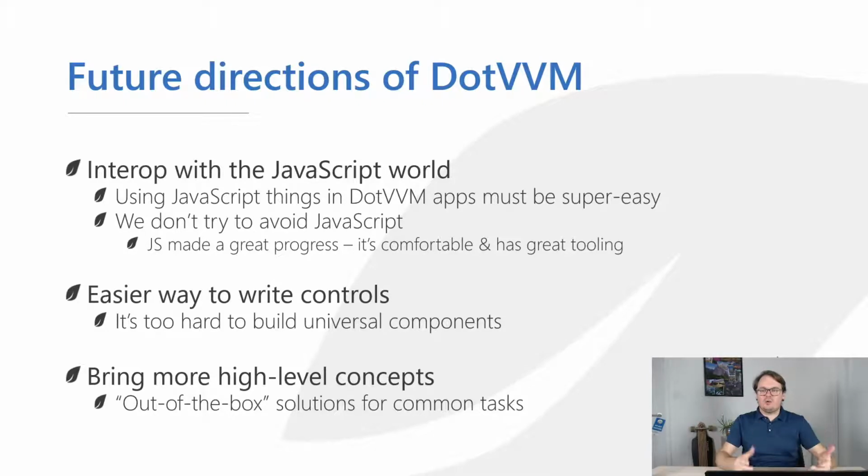We are running in the browser, and the browser offers a lot of features, and most of them are accessible only from JavaScript. So we want .vvm not to go in your way if you want to do anything with JavaScript. We want this to be as seamless as possible.